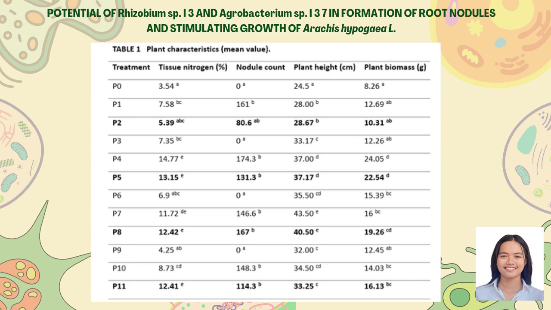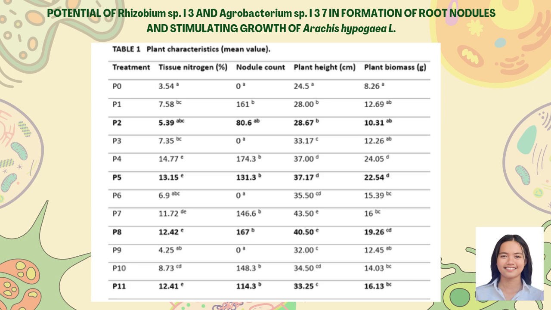Compared with the uninoculated control, the P0, all Agrobacterium treatments showed strong improvements. Just look at the P2, 5, 8, and 11. Although all contained Agrobacterium sp., their results differed because the carrier materials affected the bacteria's survival and efficiency.